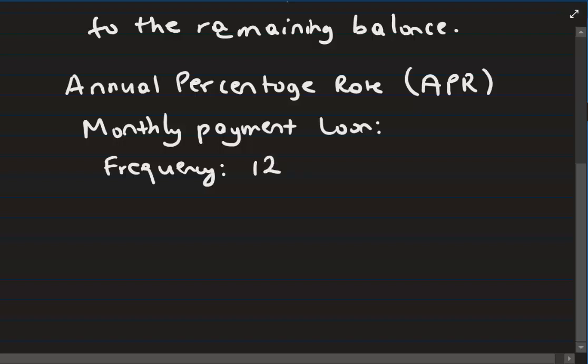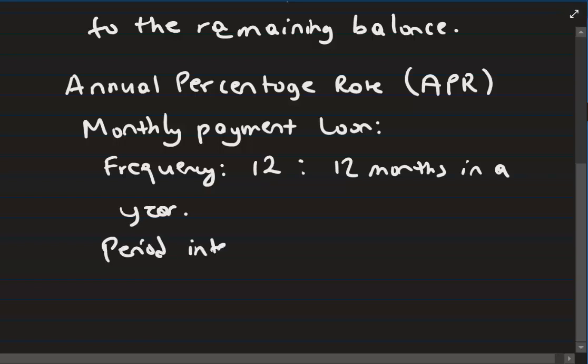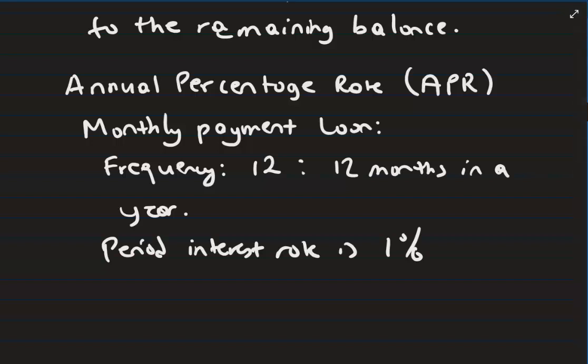Well, we have 12 months in a year. So if the period interest rate is 1%, that means for this example loan, at the end of each month, once the payment is made, 1% interest will be charged to the remaining balance.